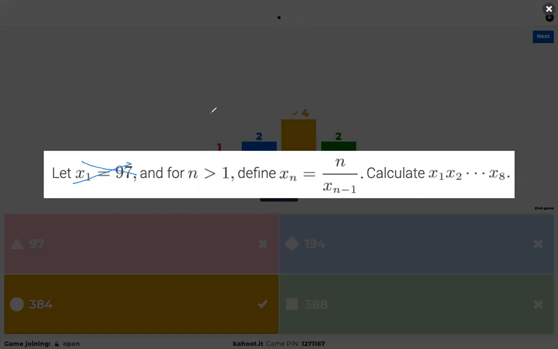It doesn't matter because x2 times x1 is just 2. x4 times x3 is just 4. x6 times x5 is just 6. And so on for 8. So the answer is just 2 times 4 times 6 times 8, 384.